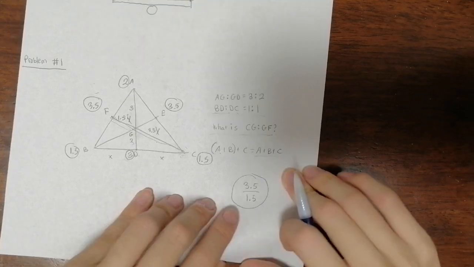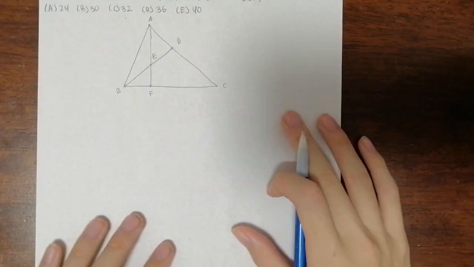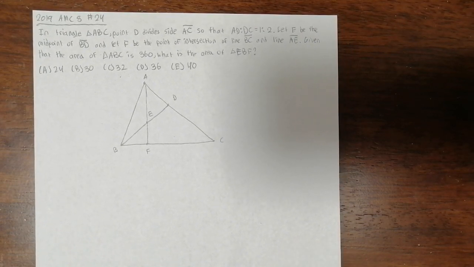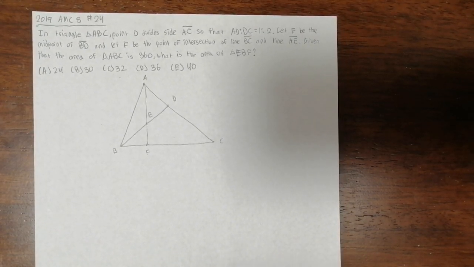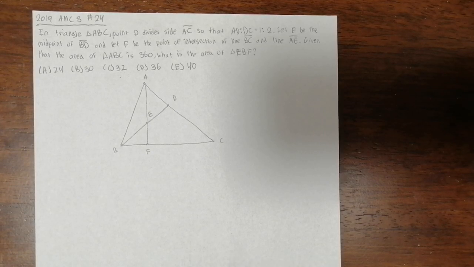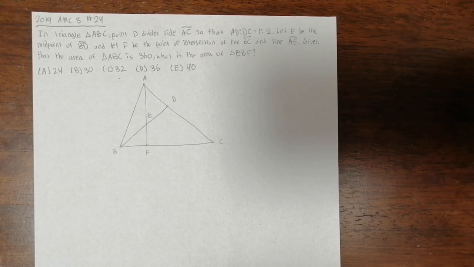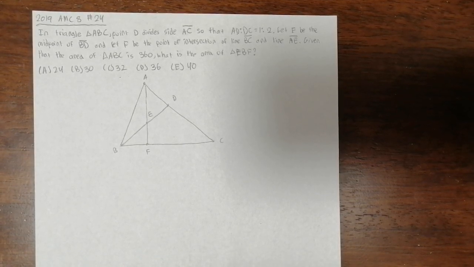I've also prepared a problem from the AMC 8 that we can also look at. This is going to be the 2019 AMC 8, number 24. In triangle ABC, point D divides side AC so that AD to DC is 1 to 2.